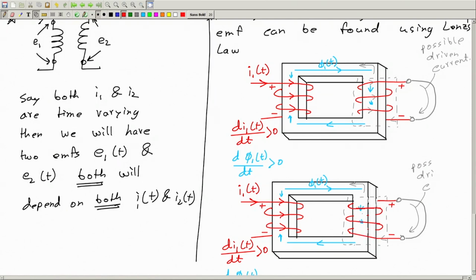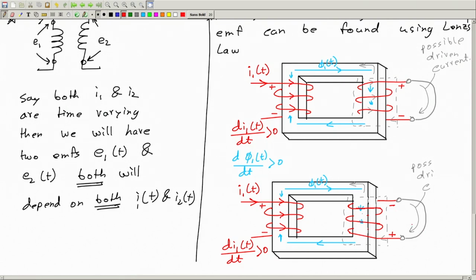Okay, so you see this winding is now in the direction opposite to this. Now if you do the same analysis, assuming that this current I1 is like this and this is increasing, so this flux phi 1 is also increasing, then you can show that this side will be positive and this side will be negative. This is according to Lenz's law once again.